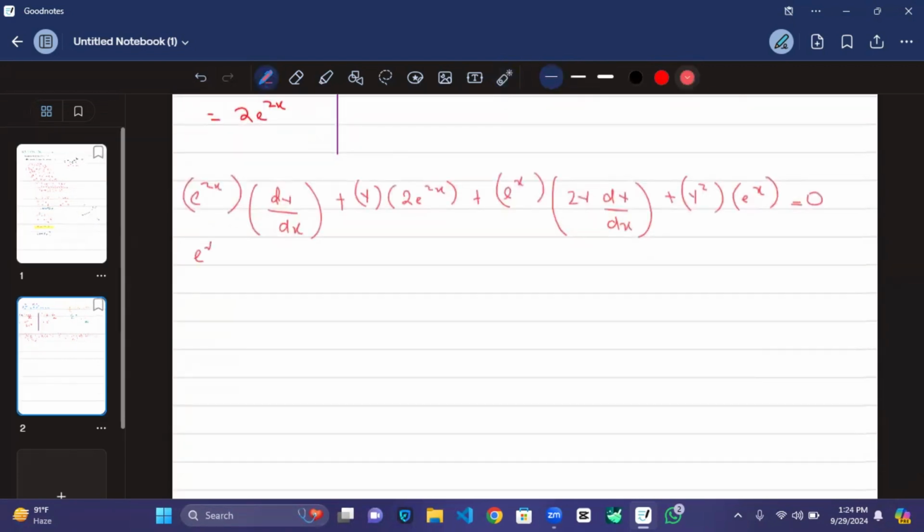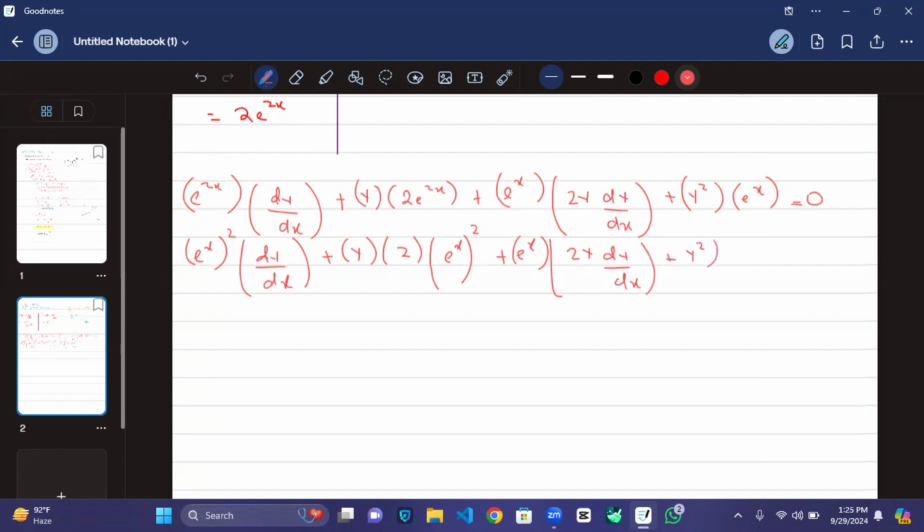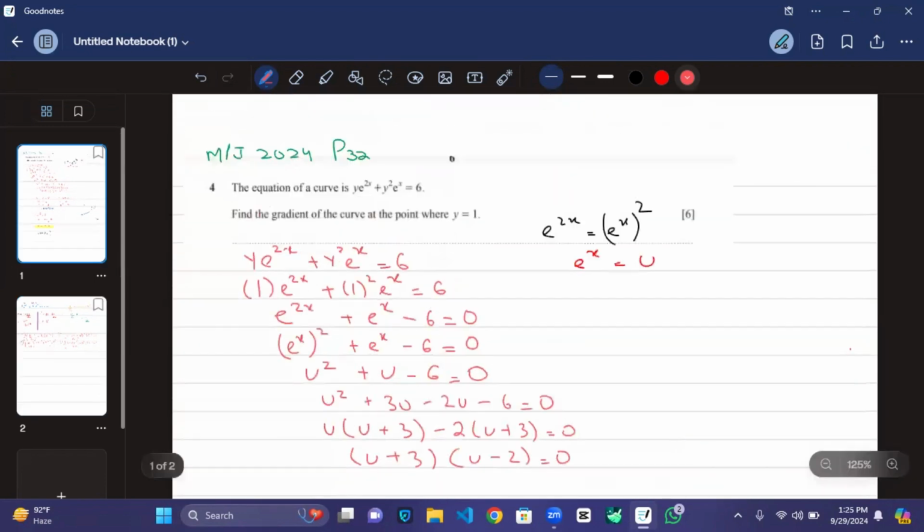It will become e to the power x whole square times dy over dx plus y times 2 times e to the power x whole square plus e to the power x as 2y times dy over dx plus y square as it is, and e to the power x as it is, is equal to 0.